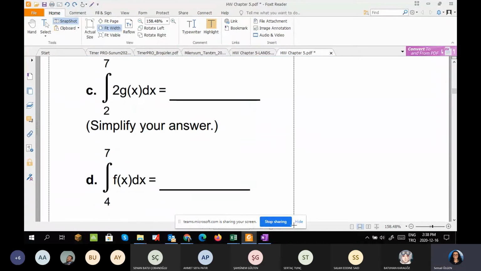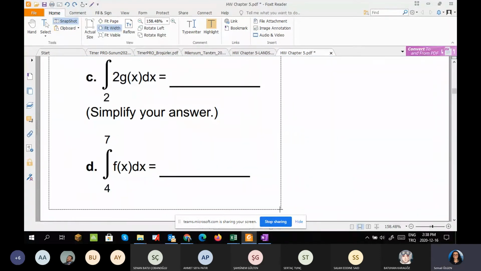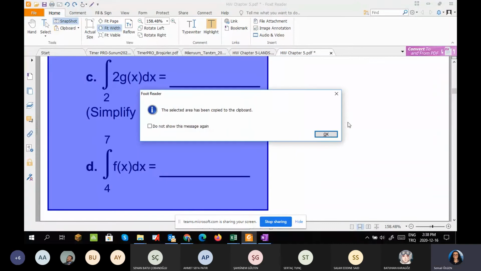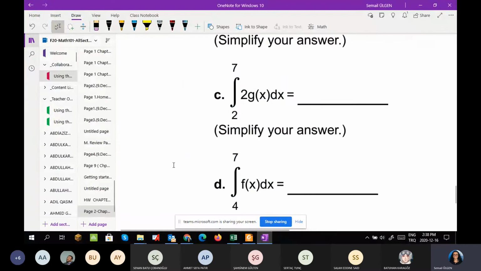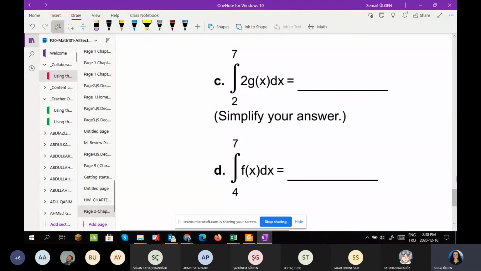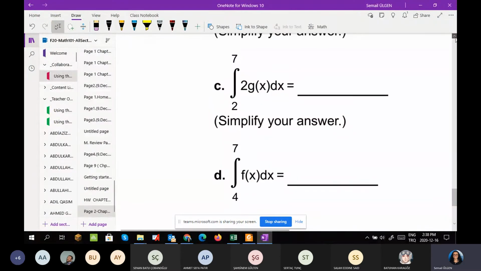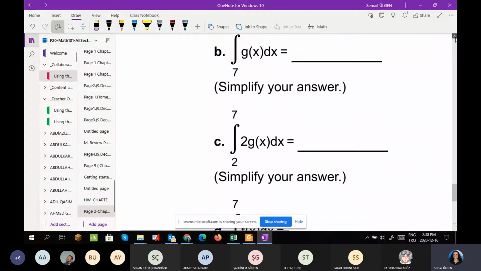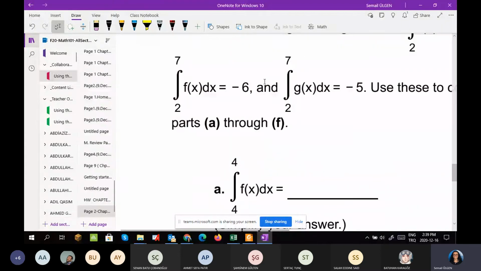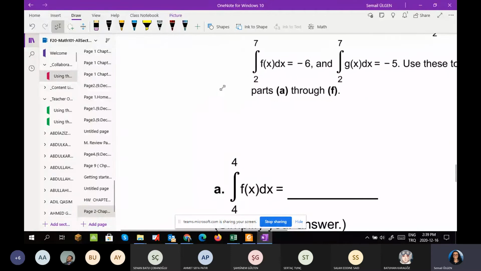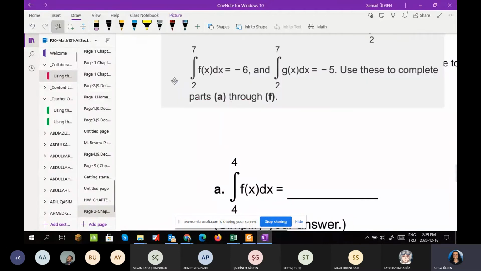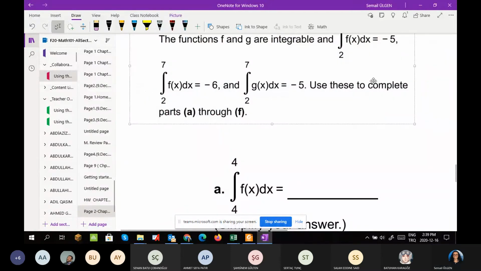Actually, there are lots of these, maybe this much. Let's make this a little bit smaller so that we can see it. Let's move it towards the right.